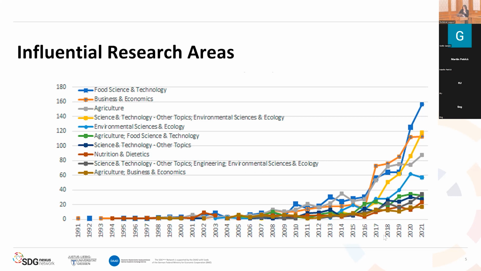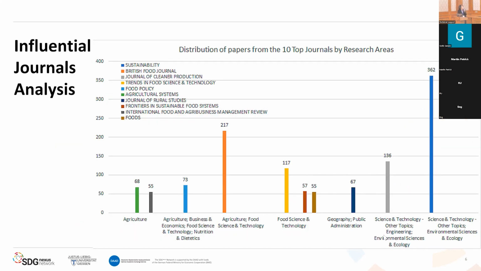If we pay attention to the most influential journals in the sample database, we see that 15% of the total papers were published in the top 10 out of 2,589 journals.